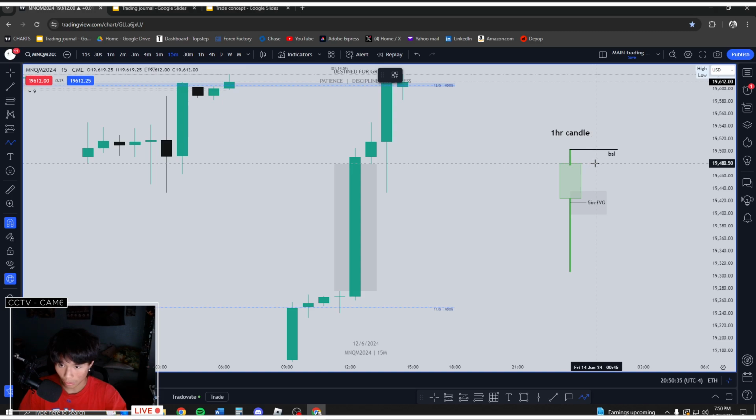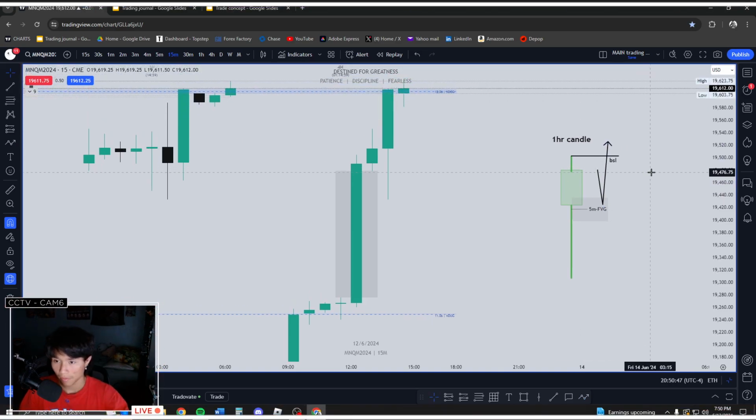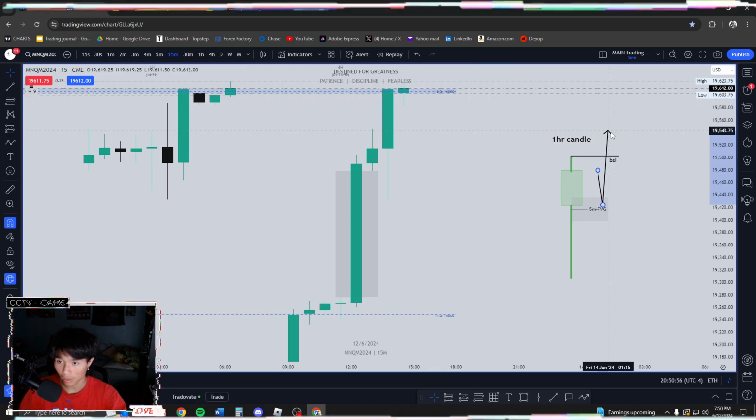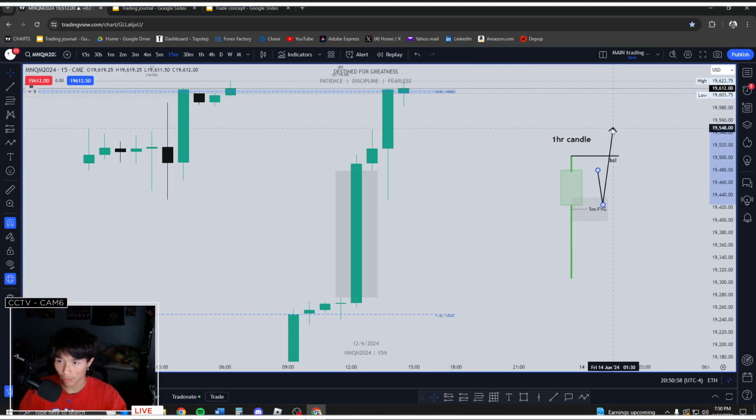So what I'm going to anticipate is the next hourly candle to open, power of 3 concept right here. This is open, low, tap into the 5-minute fair value gap, high, open, low, high, and then we close. We can close up here, here, it doesn't matter. What matters for me is that I had an objective.